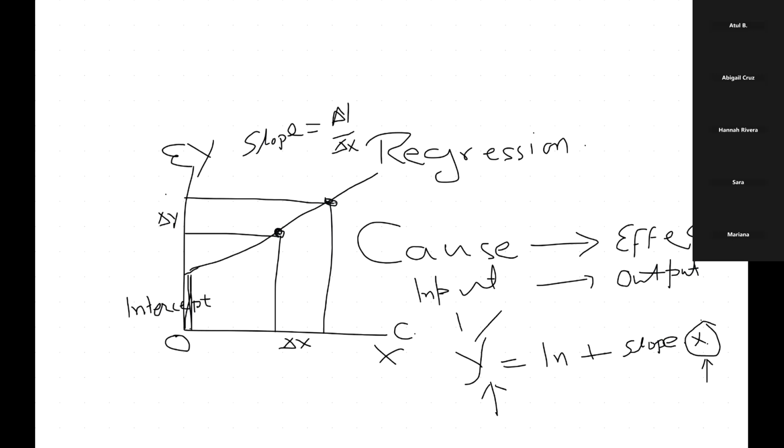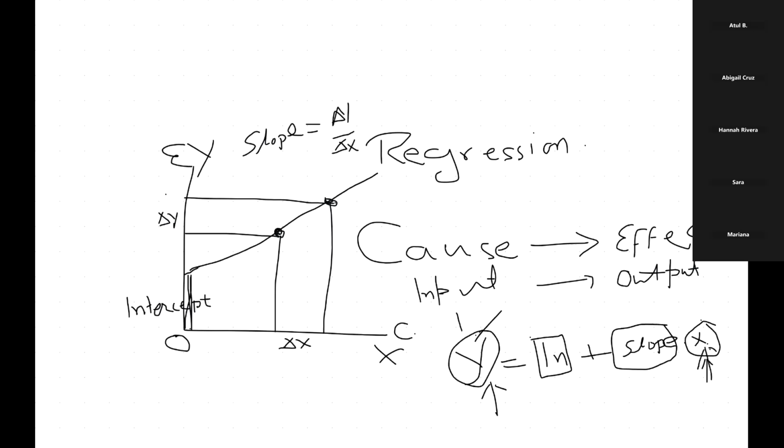Or if you put the input, you get the output, provided you know the intercept and the slope of this graph. Nowadays, many places use regression. Simple regression means you have only one input, and output is certainly one.